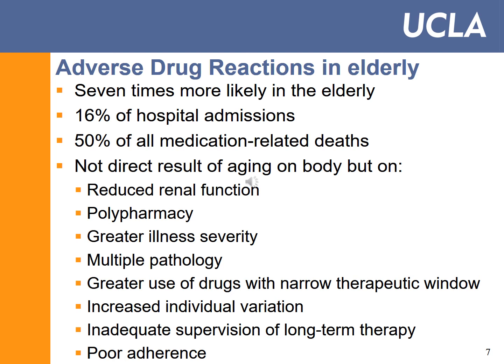And sometimes they have poor adherence. We know that elderly tend to be stubborn also, and sometimes they don't want to take their medication, and so the poor adherence results not in adverse drug reaction, but more in less efficacy of those medications in the geriatric population.